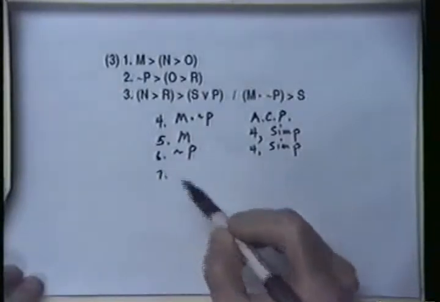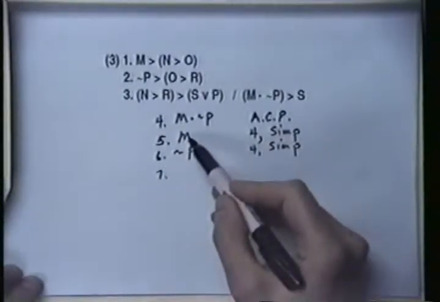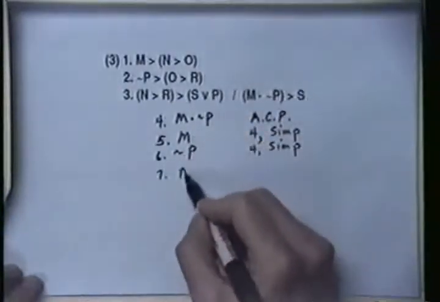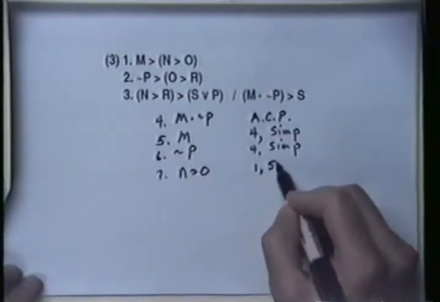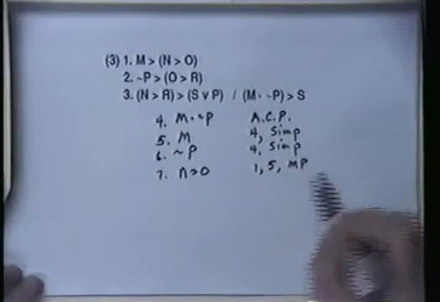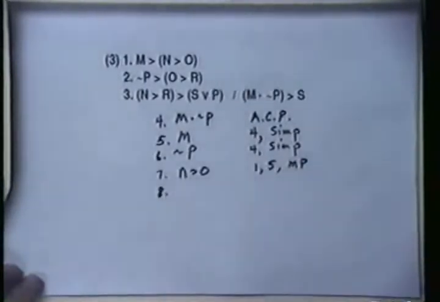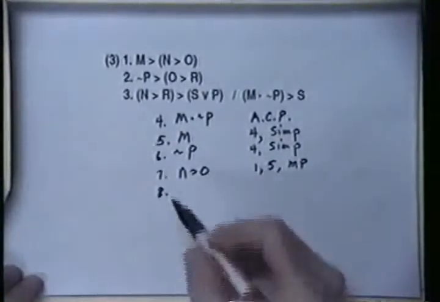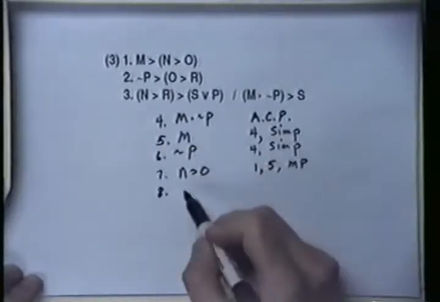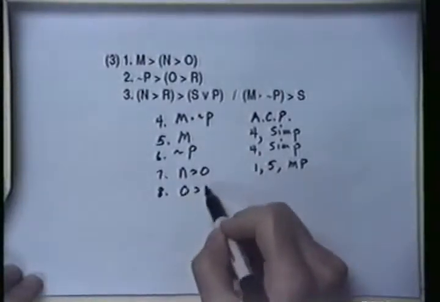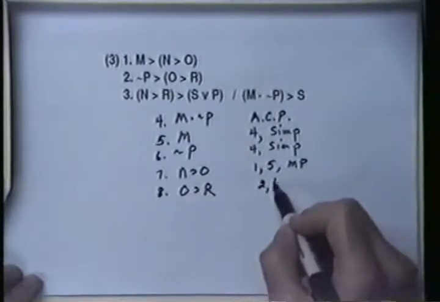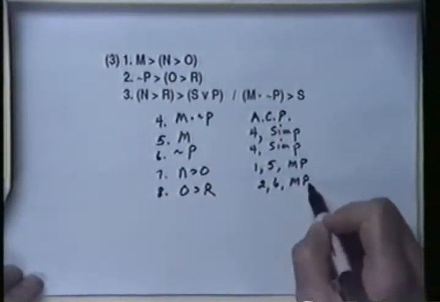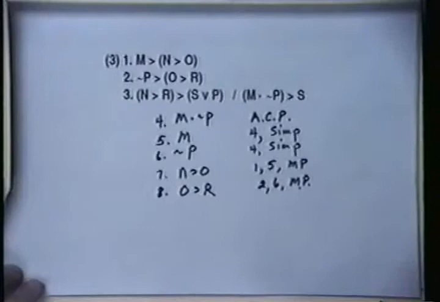So line 7, of course, we have the M from line 5, which will allow N hooks O from line 1 and line 5, modus ponens. Now we need to get into line 2, but we have the not P, so that's just a matter of modus ponens once more, and we cite lines 2 and 6, MP.